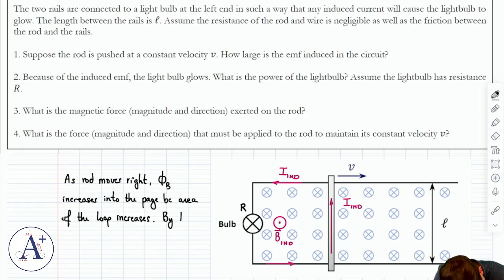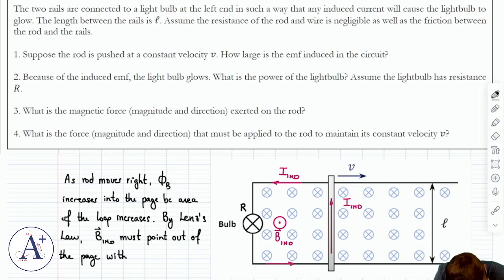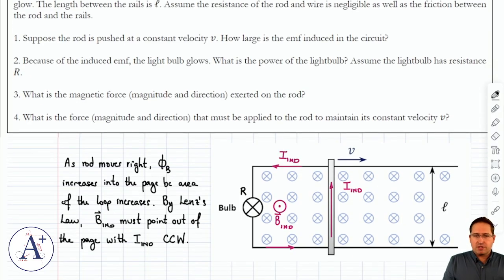And then by Lenz's law, B induced must point out of the page with I induced counterclockwise. Okay, so that is what's going on conceptually.